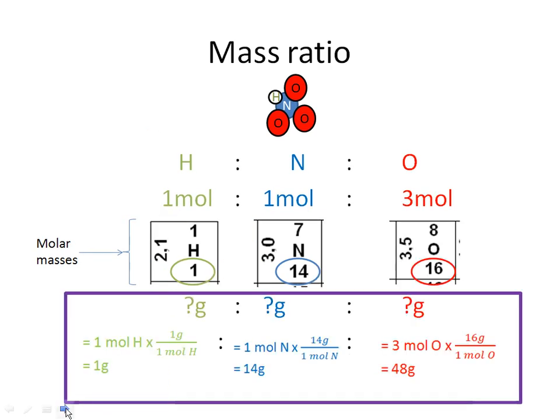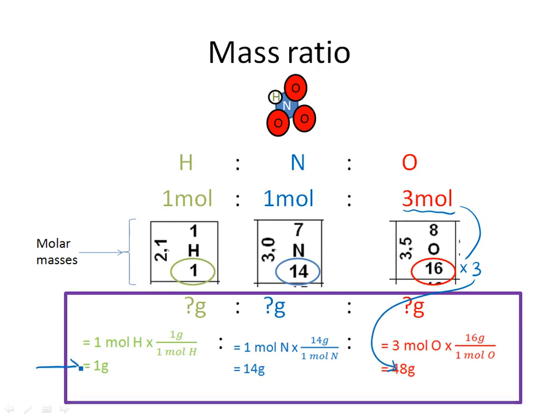You should have found that, of course, 1 mole of hydrogen has a mass of 1 gram. 1 mole of nitrogen has a mass of 14 grams, and 3 moles of oxygen has a mass of 16 times 3, which is 48 grams.